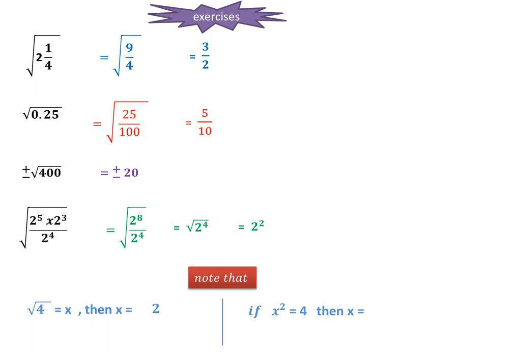We have two solutions. 2 times 2 equals 4, and negative 2 times negative 2 equals 4. Then the result is positive or negative 2.